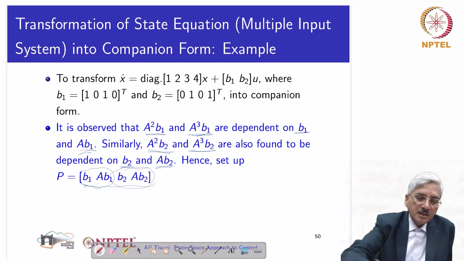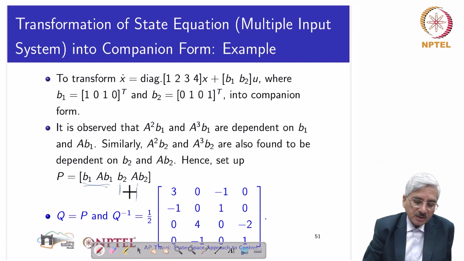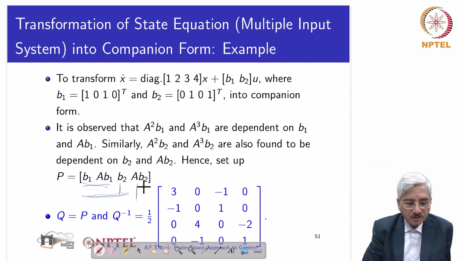And the same P is taken as Q because this B2 is independent of B1 and AB1, and this AB2 is independent of B1, AB1 and B2. So each vector is independent of all the preceding vectors. This Q is selected as P itself, and Q inverse will be this. You can verify.